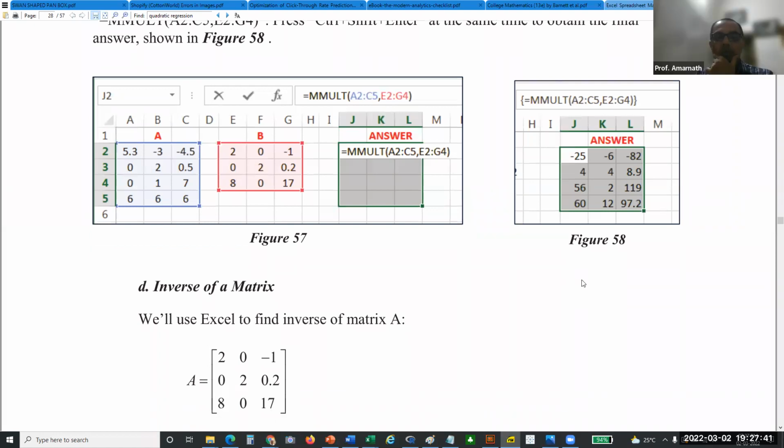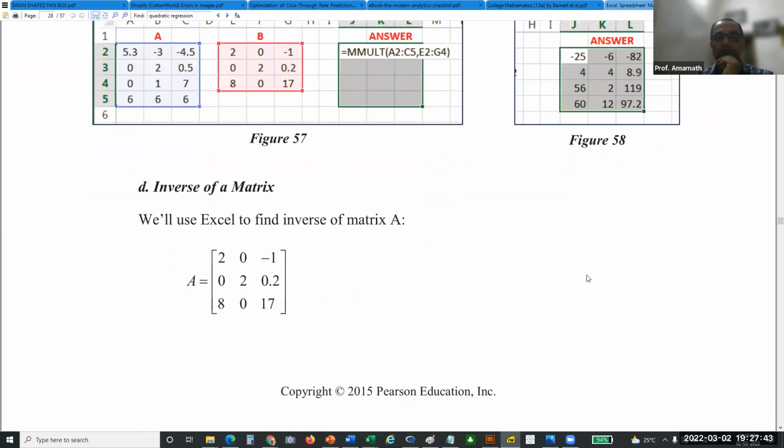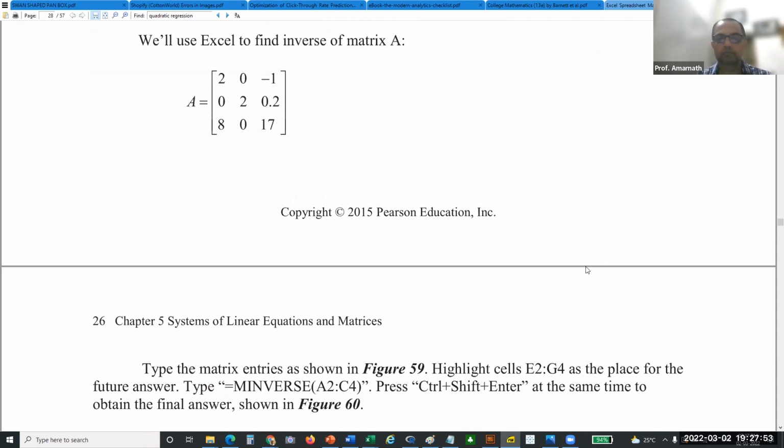Okay, then we'll move to the inverse of a matrix. So I have a matrix.